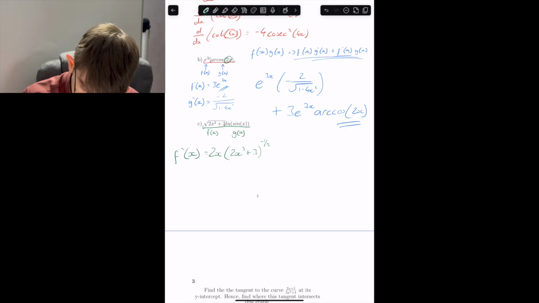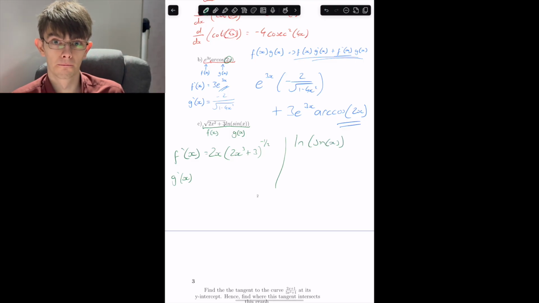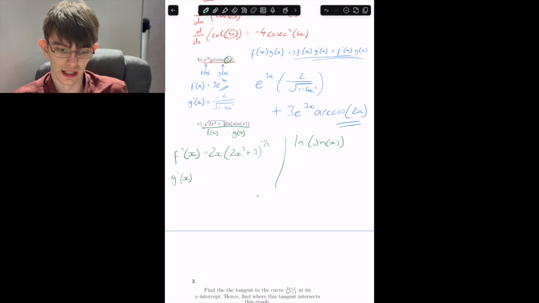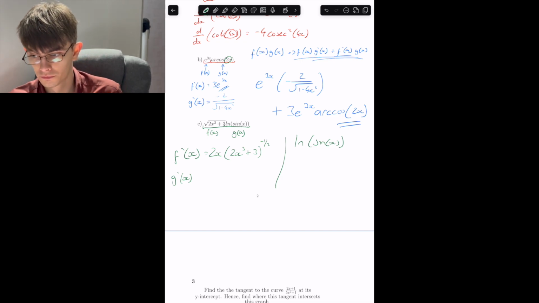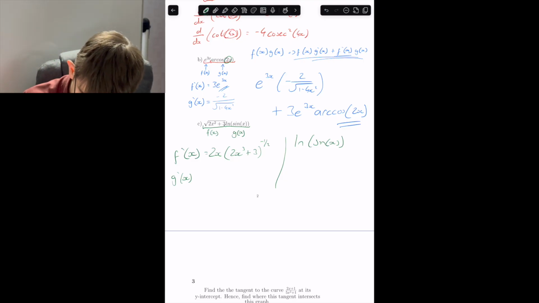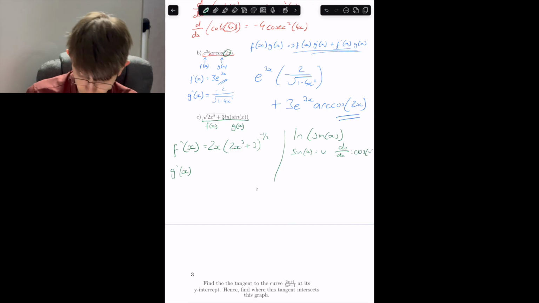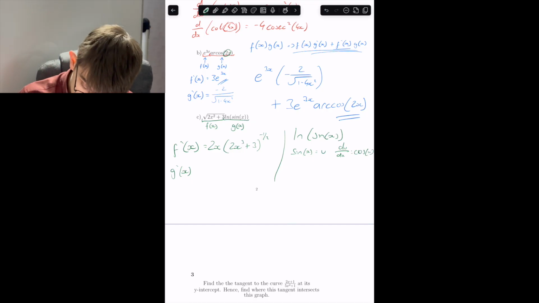Right, now we need to find g prime of x. Well, this is going to be a bit annoying because we've got ln of sine x. Once again, I'm going to use the chain rule. But I'm going to use the chain rule a little bit more directly this time, just to make sure the point gets fully across. So let's put sine of x equals u. And then say that du by dx, well, sine differentiates to cos of x. And then I want to find dy by du.